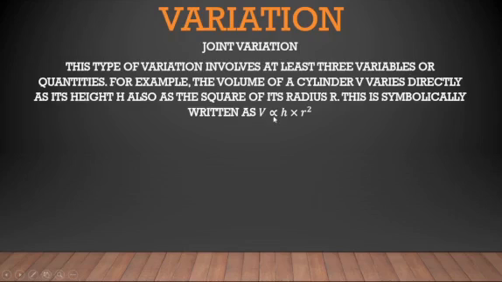It is important for us to note here that V is directly proportional to both h and r squared. Hence, you have h times r squared. It will not always be like this, and I will show you very soon.